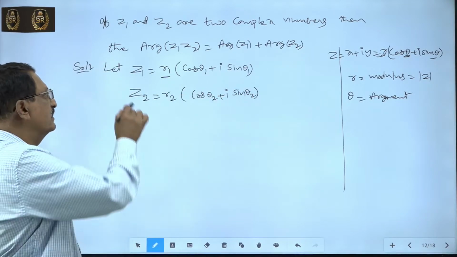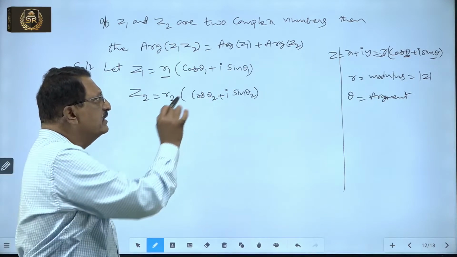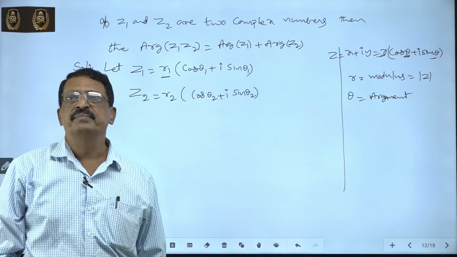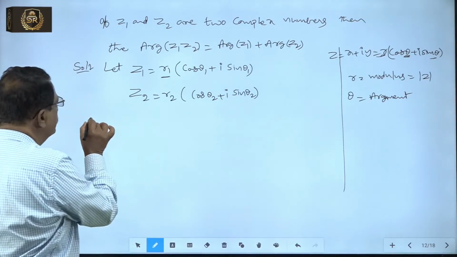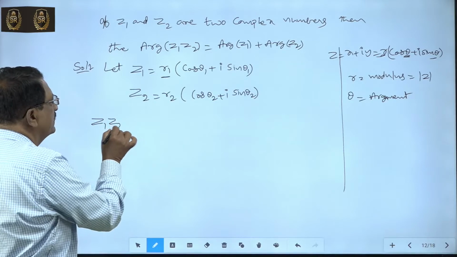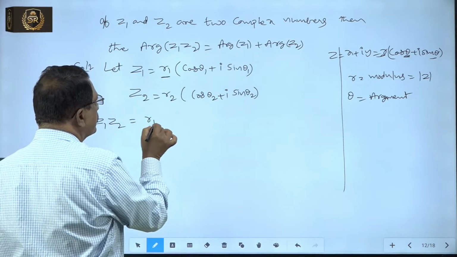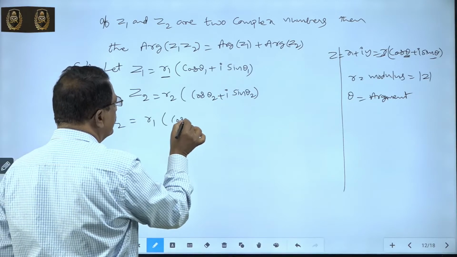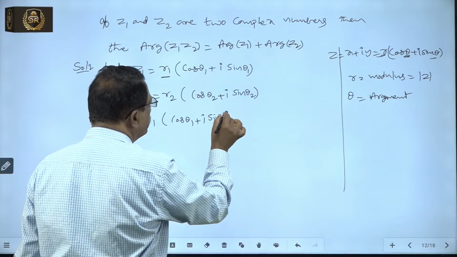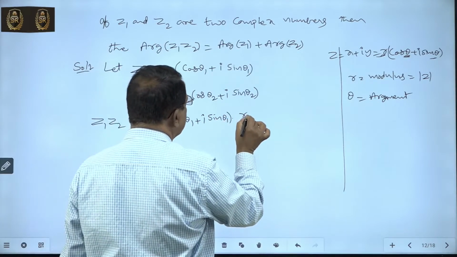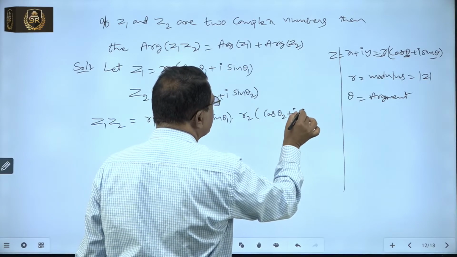The modulus of the complex number z2 is r2 and theta 2 is its argument. Now z1 into z2 equals r1 into cos theta 1 plus i sin theta 1, into r2 cos theta 2 plus i sin theta 2.